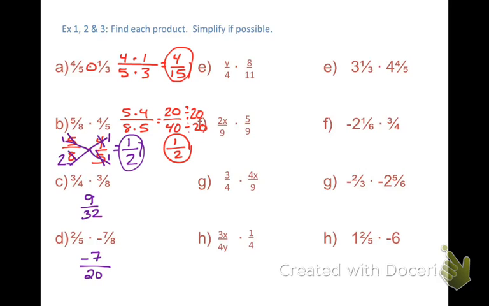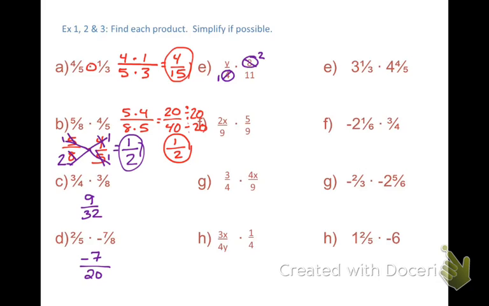Okay, E, a little different. So we can reduce ahead of time. It's already written the way I like it written, so I can do it from here. So I can reduce the 4 and the 8. What number can go into 4 and 8? 4 can. So 4 divided by 4 is 1, and 8 divided by 4 is 2.